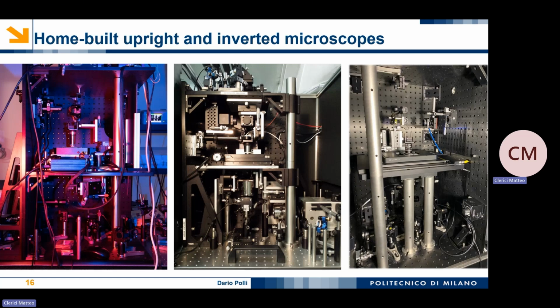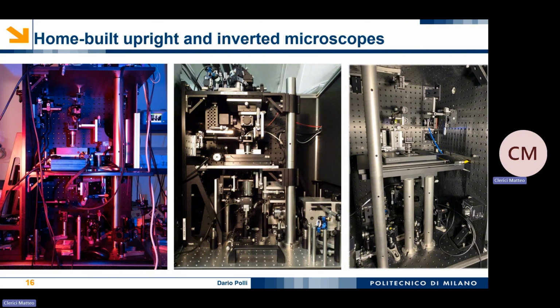These are a few images of microscopes that we built in our labs in the recent years, just to give you a hint of what we do. We typically prefer to build microscopes because it's easier than buying commercial microscopes and modifying them, because you need to modify them too much. And so it's better to have an open air setup in which you can replace things and put your hands inside and do what you do. People ask me, are they upright or inverted microscopes?